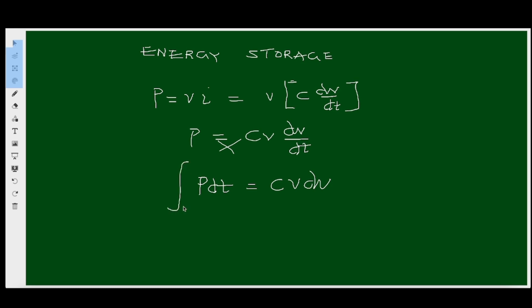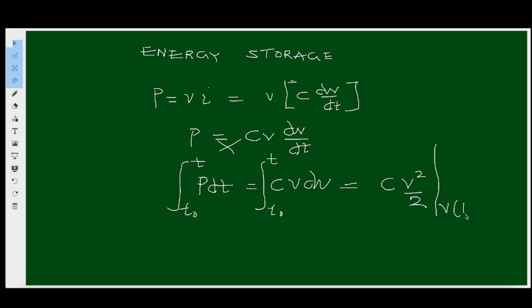So when we integrate from t naught to t, what do we have? This gives us CV squared over 2, right? We are integrating with respect to V, right?